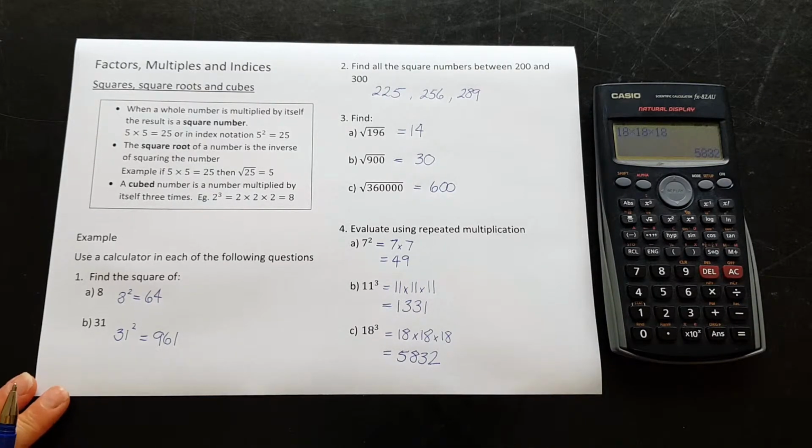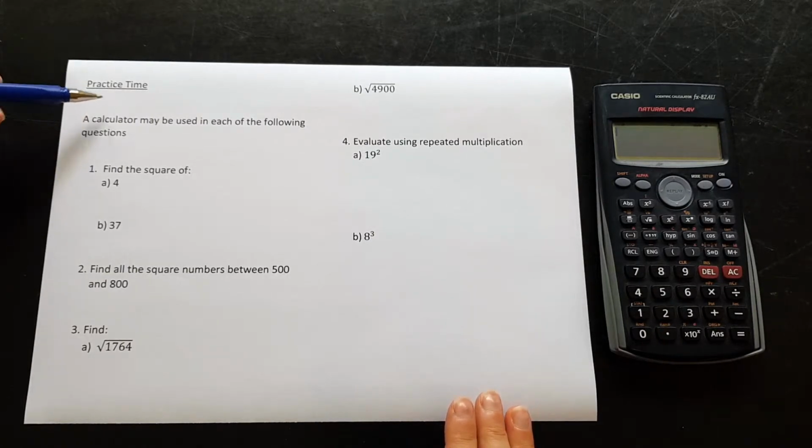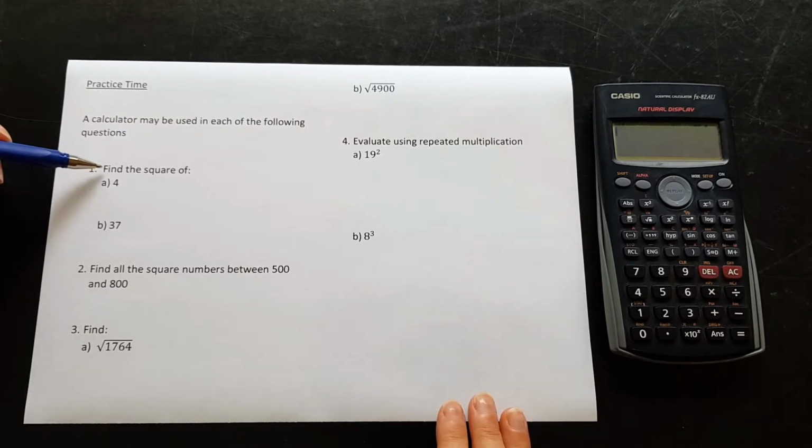Now time for practice. So here are some questions just like the ones I've shown you. I'd like you to pause the video and give these questions a go and then restart to check your answers. So a calculator may be used in each of the following questions if we need it. Find the square of 4.